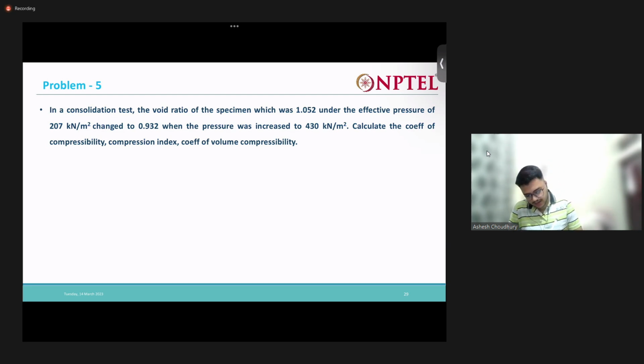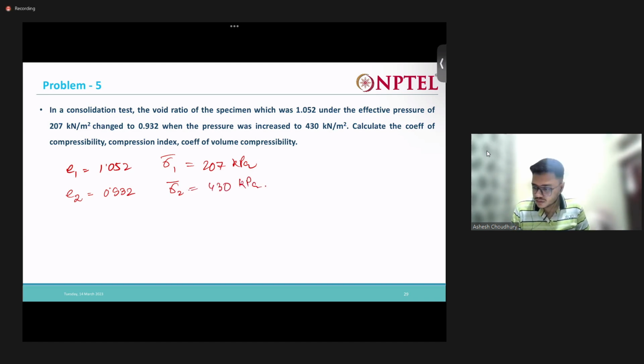So let me write down the data. So e1 was... e2 under sigma 2 of 430 kPa.